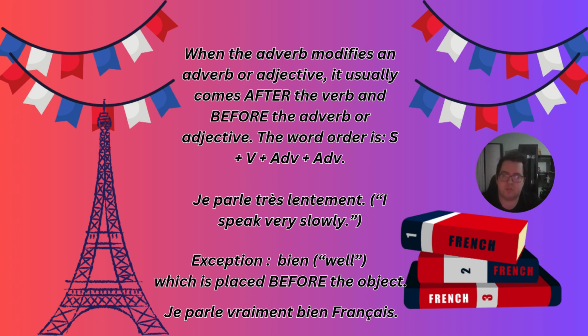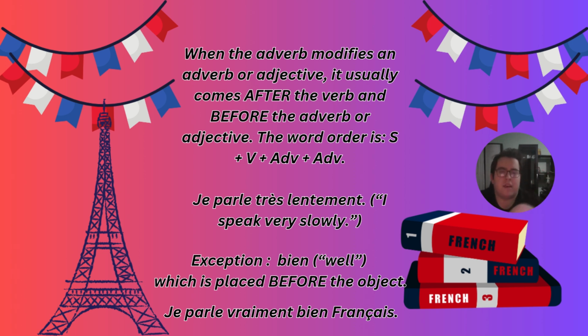Je parle vraiment bien français. And this is applicable to any verb that you might have, any direct object. For example, I urge you, it would be a nice exercise: translate the sentence "I take things very seriously" in the comments down below.